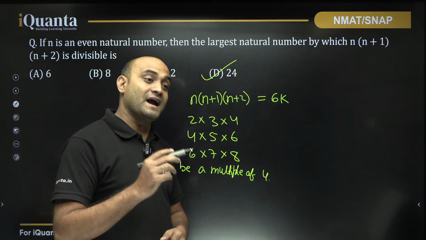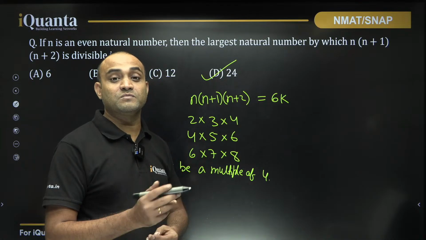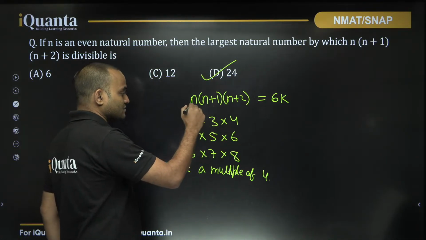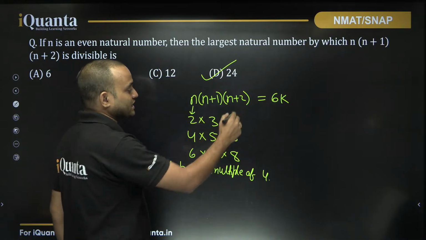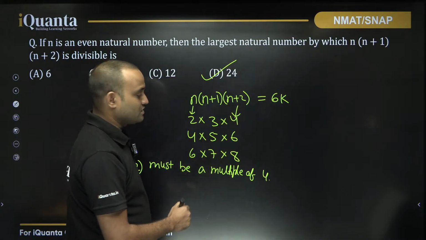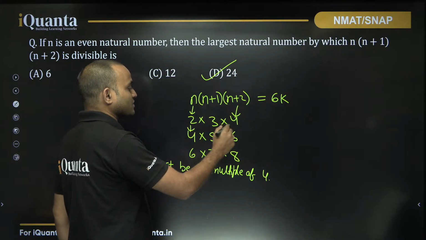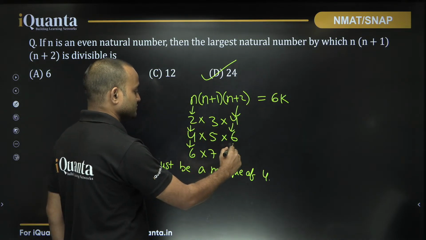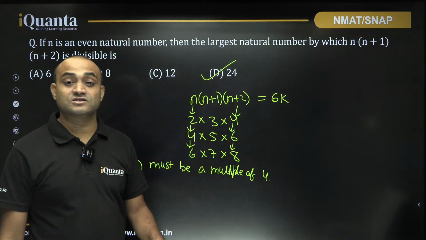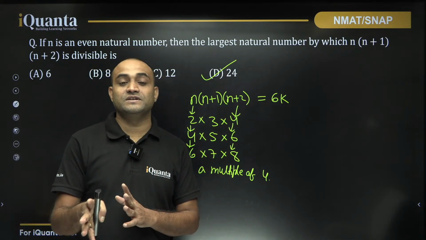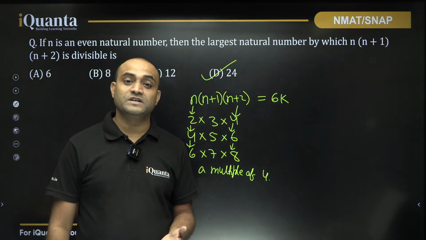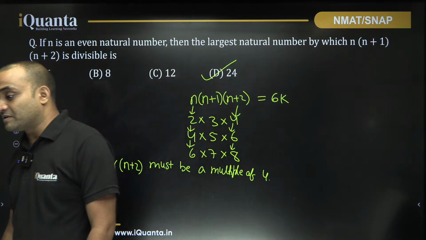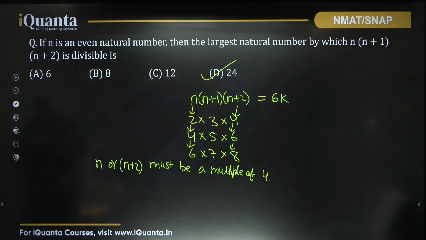If n plus 2 is a multiple of 4, then n will be a multiple of 2. देखो, अगर n 2 का multiple है but 4 का नहीं है तो n plus 2 4 का multiple हो जाएगा. Then अगर n 4 का multiple है तो n plus 2 2 का multiple हो जाएगा. वैसे ही ये product of 3 integers is always divisible by 3. 3 consecutive integers लोगे, one of them will be divisible by 3, right? तो 3 से भी divisible है और 8 से भी divisible है.